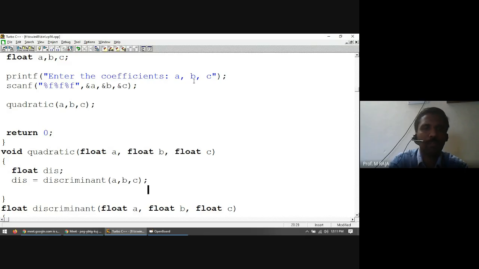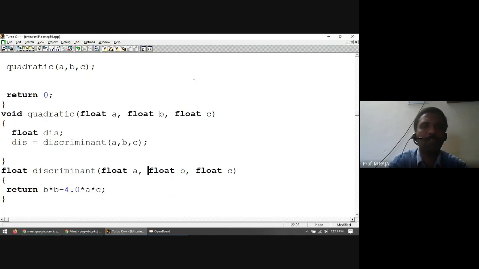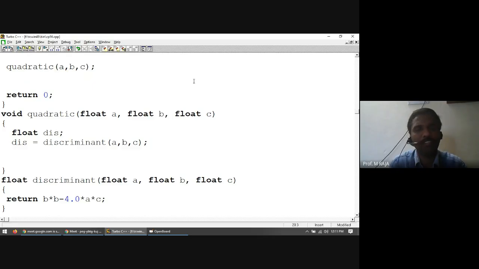So from the function quadratic we have called another function discriminant, so that b square minus 4ac is evaluated and the result is assigned to the variable. Now based on its value we can find the roots of a quadratic equation.